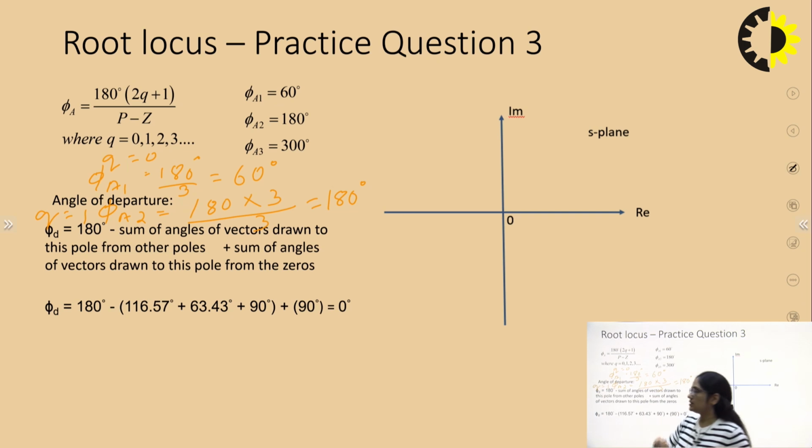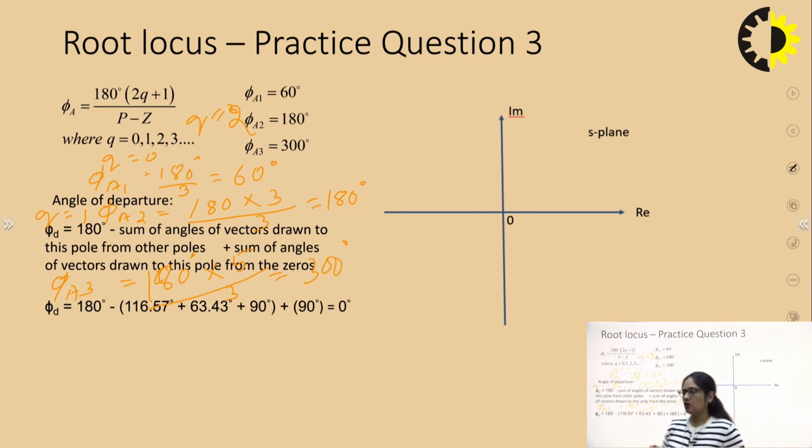Similarly, for the angle of asymptote phi a3, we substitute q is equal to 2. In this case, we get 180 degree into 5 upon 3, which is 300 degree.